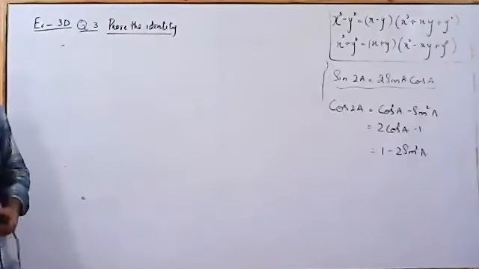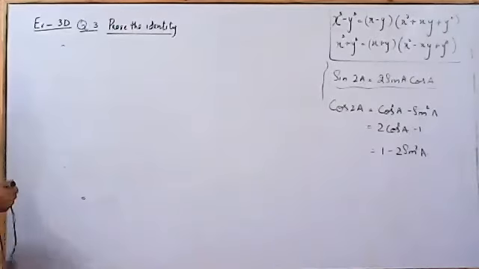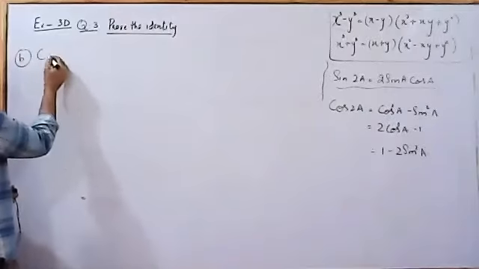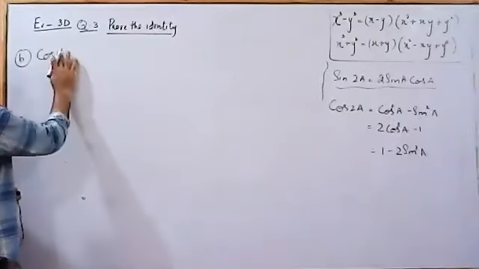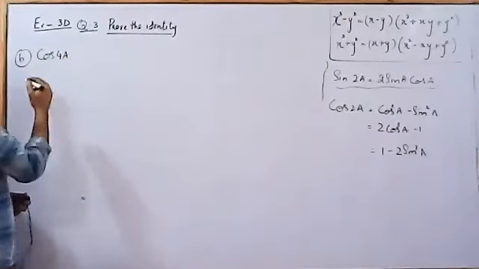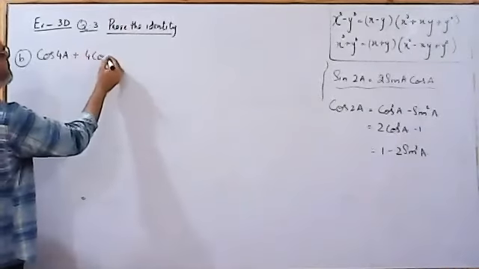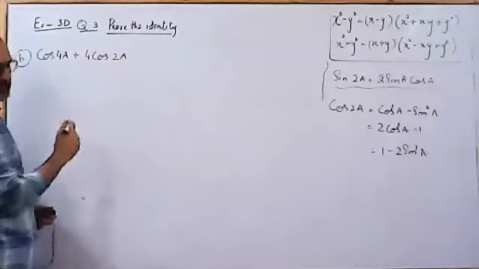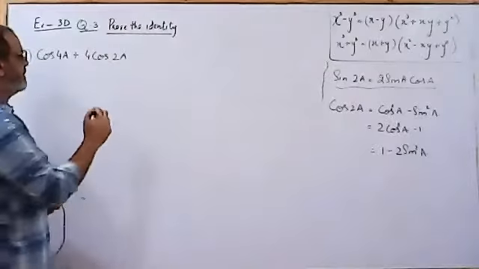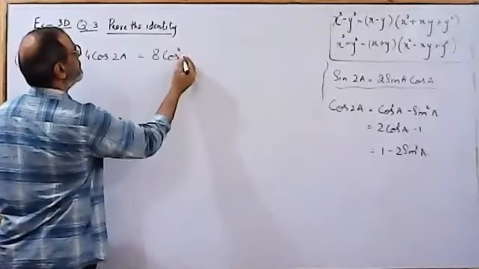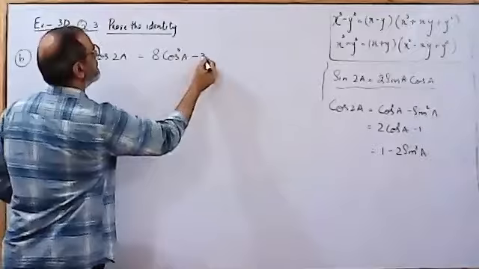Question number 3, part B says cosine 4a plus 4 cosine 2a is equal to 8 cosine 4a minus 3.